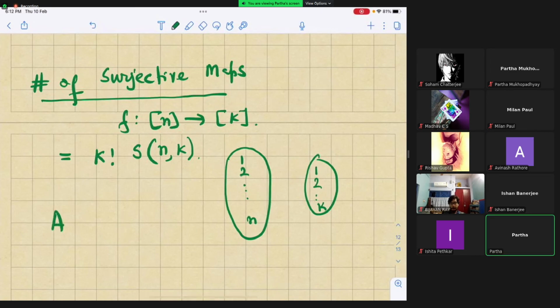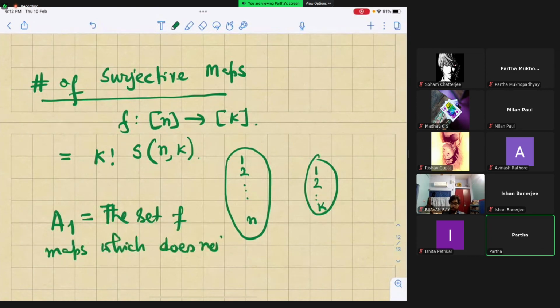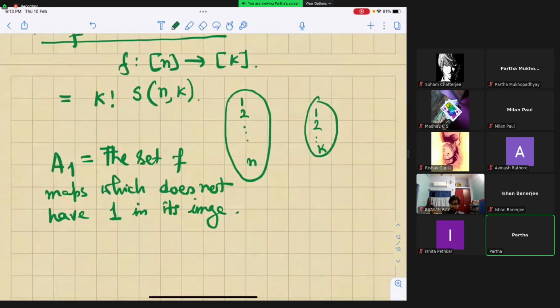Correct. So A1 is precisely the set of maps which does not have one in its image, right? These are not surjective.